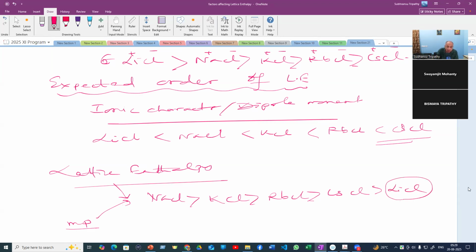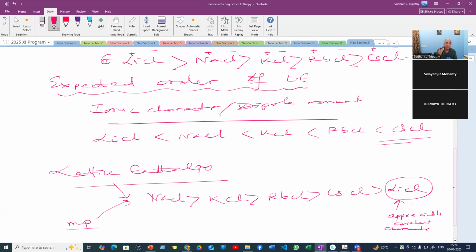It is even lower than cesium chloride. It is because of appreciable covalent character. Why? I'll tell you. Because of the small size of lithium plus, the polarizing power is more, and we shall discuss that. Because of that, the net lattice enthalpy is much lowered.